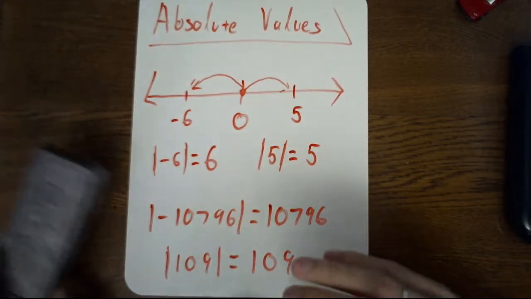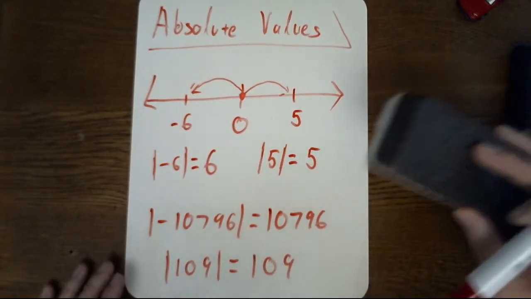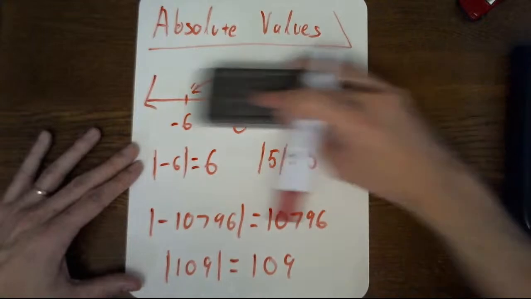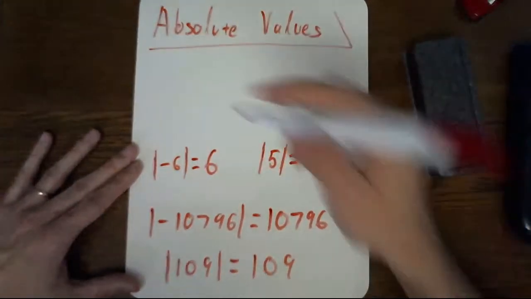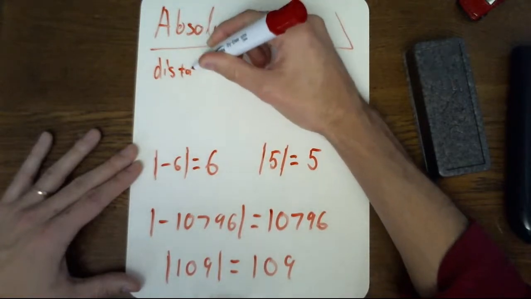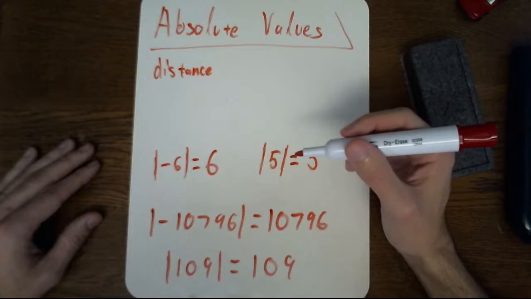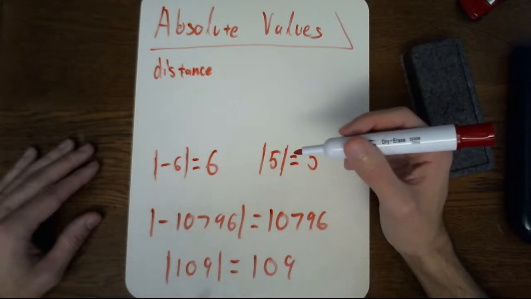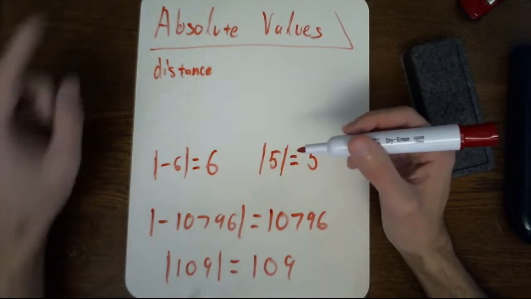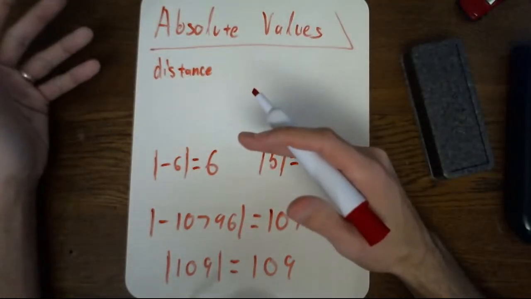examples of real life absolute values that maybe people haven't thought of. Let's get the number line out of here. Distance is kind of an absolute value. It depends on which way you're going. And this is what I was talking about with coordinate systems. It's up to you to decide what's positive and what's negative.